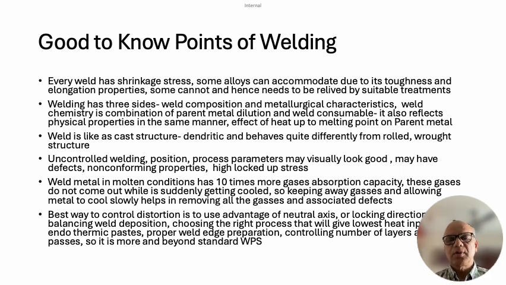That means if we are using argon, helium, CO2, mixed gases, or we have flux which is burning either in an electrode or in a flux cored wire, or we have a chamber in which we are going to do the welding, each of these gases will have a solubility or absorption into the weld metal, and this is, as I have written here, 10 times higher absorption or solubility.